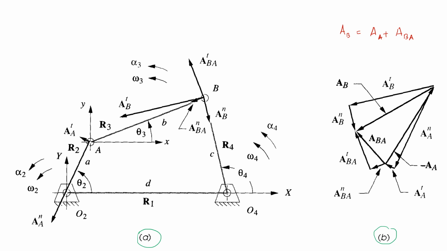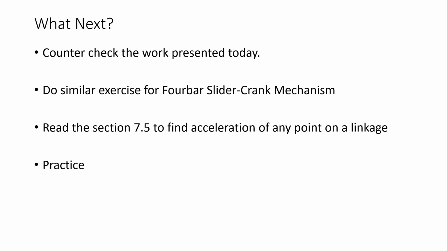So this gives you this realization that the acceleration of point B, which is the point of interest for us, is going to be computed by having the acceleration of point A computed and then the relational acceleration of point B with respect to A computed as well. So once you plug in all those values in those expressions, eventually you're going to get all these vectors properly computed.